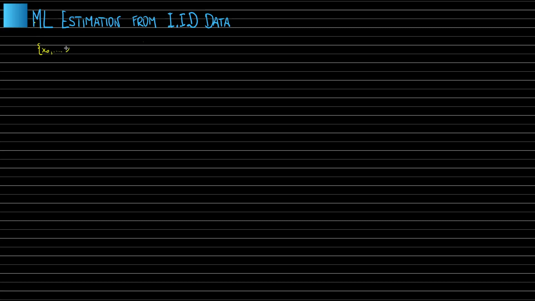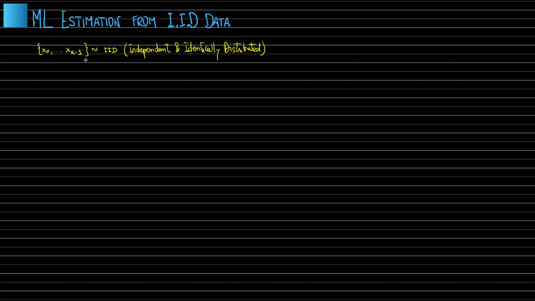We will assume that we have a collection of observations x0 up to x capital K minus 1, and we will assume that all of them are IID, which means that they are statistically independent among themselves, and identically distributed.